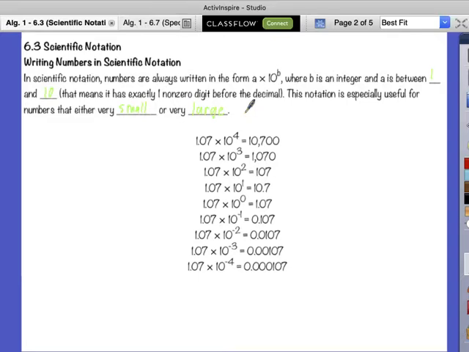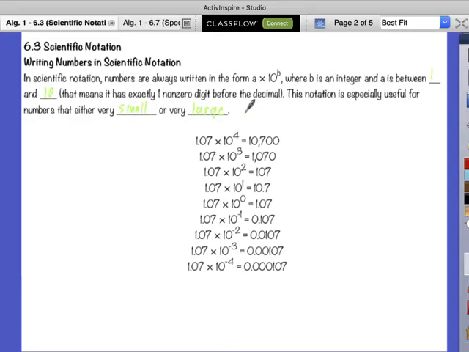You can write notes in meetings, you can write notes just in life, you can write notes on what you're thinking, you can write notes in class. There's all sorts of places you can write notes. So notation has to deal with how you write something. Notation just means it's how it's written. So scientific notation, we're just saying, how do we write numbers that are really big, really small, typically for the purpose of science? That's what this is actually saying.